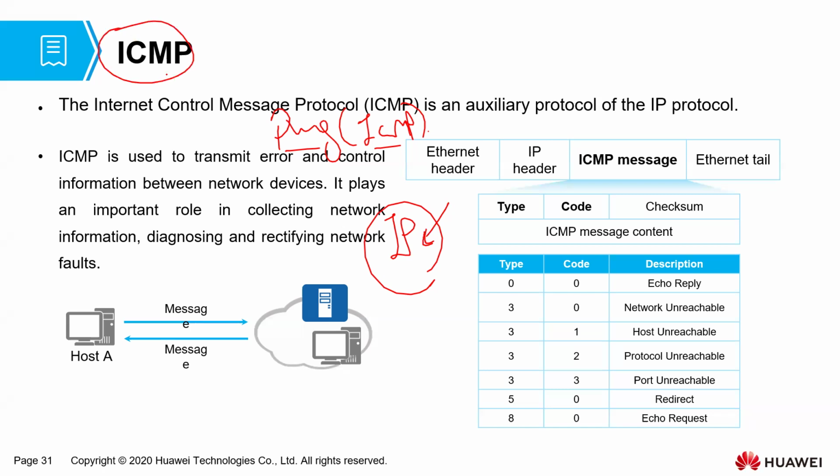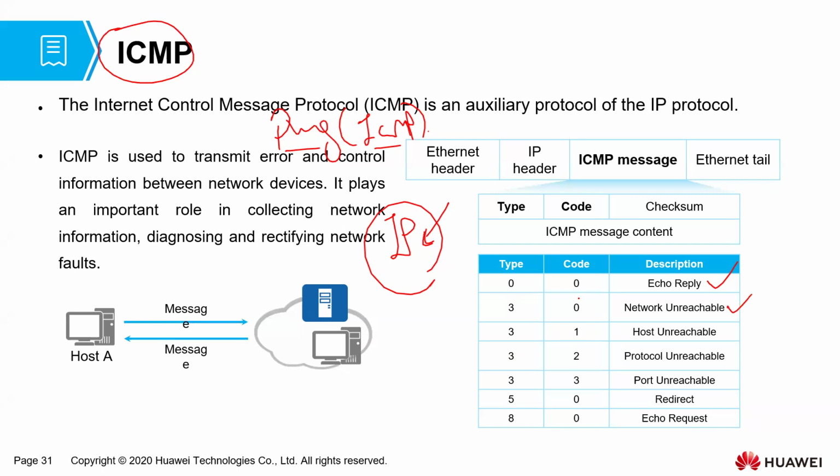An example of this is ping. When errors occur within our communication, ICMP is the protocol that helps with that messaging. As you can see, the errors are actually codes, with a type and a code, and a description. Echo reply, network unreachable.